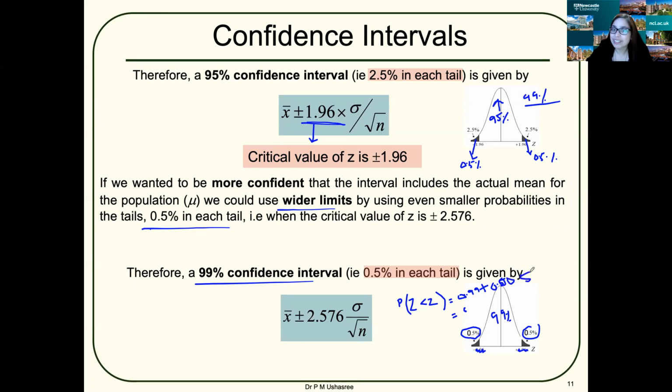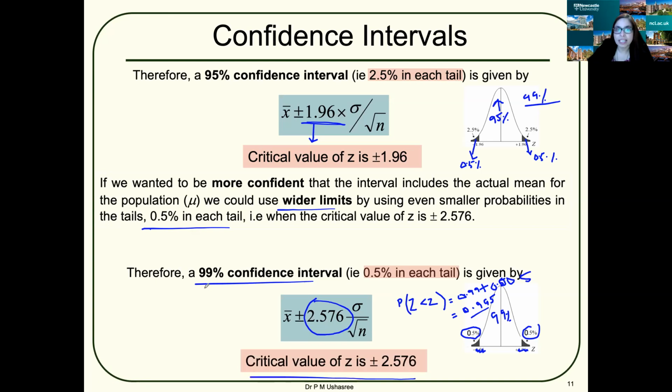See, this is a mistake you can all make, so be careful, guys. For a minute I was saying, what is this, probability is going above 1. So 0.995. And if you look into the Z table for this value, you will get a Z value of 2.576. So that is the critical value of Z for 99% confidence.